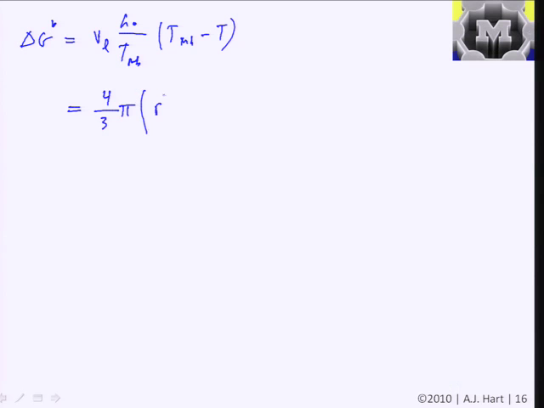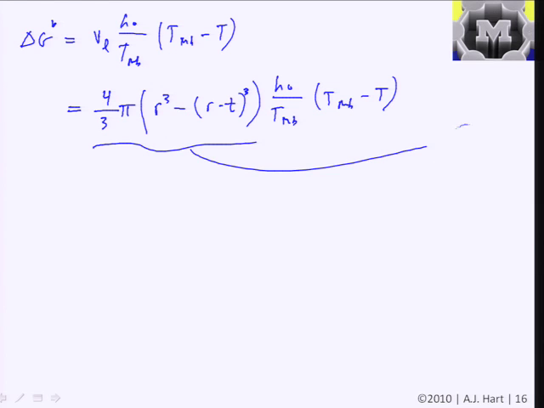So now, just to complete our total free energy change for the bulk, we just had that as being the volume of the liquid times our change in free energy, which now we can say is equal to this quantity, which is just the volume of our spherical shell of liquid with a thickness of t.